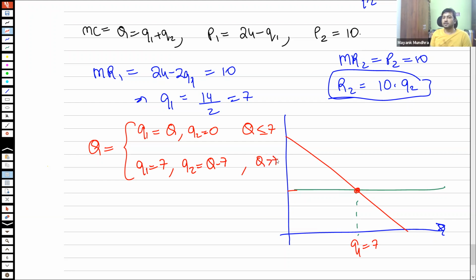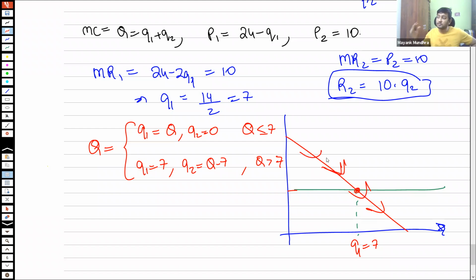So the first 7 units always go to the first market because that is giving a higher marginal revenue. After the first 7 units, all the subsequent units will be sold in the second market because the second market is giving you a constant marginal revenue of 10, whereas the first market's marginal revenue is decreasing.